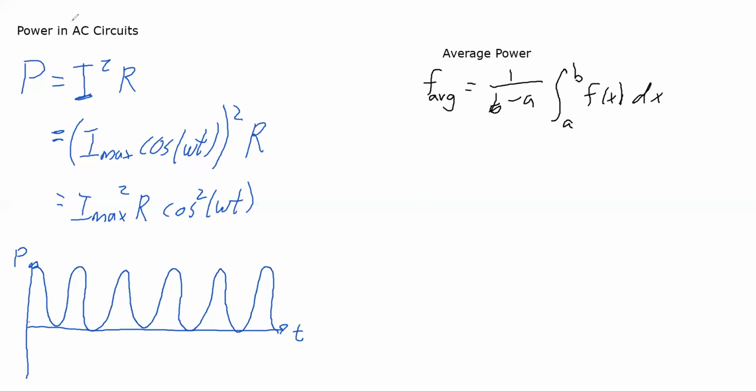So we want to take the average over a period, because once you take the average over the period, the cycle just repeats itself. So we're going to calculate the average power over one period.